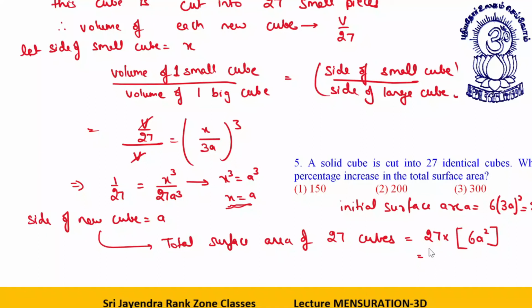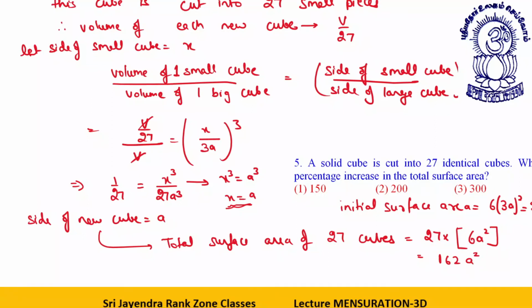Okay, this gives you 27 into 2 into 3a square, or let it be 27 into 6, which will give you 162a square.